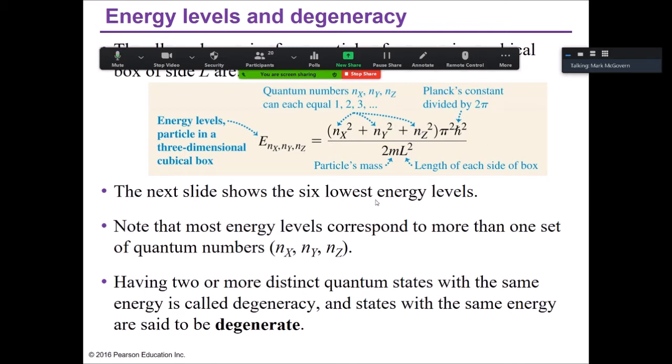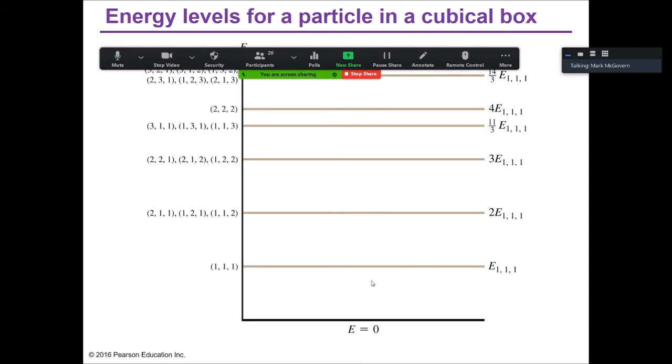We consider each dimension. Now, because of this, there are many combinations of integers that will result in the same energy. And we call that, in physics, degeneracy. Degeneracy is when you have different states of a system resulting in the same energy. So if we look at this graph here, for example, having quantum number 111 results in a particular energy level.